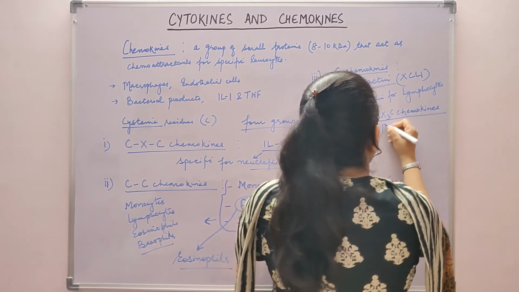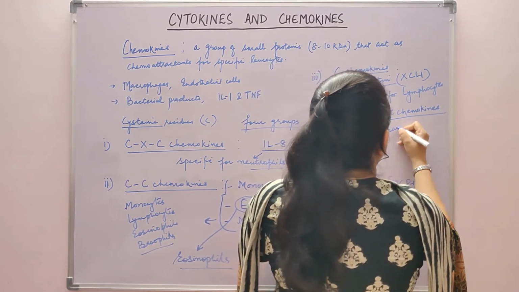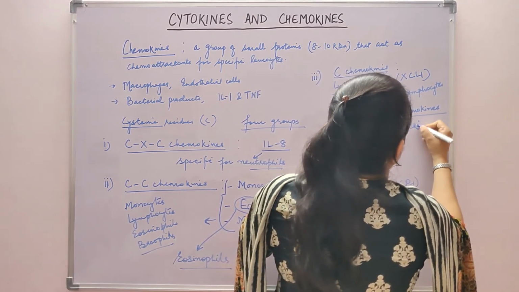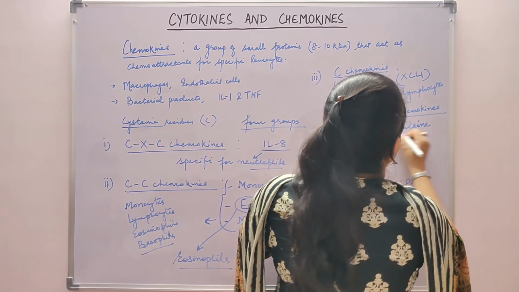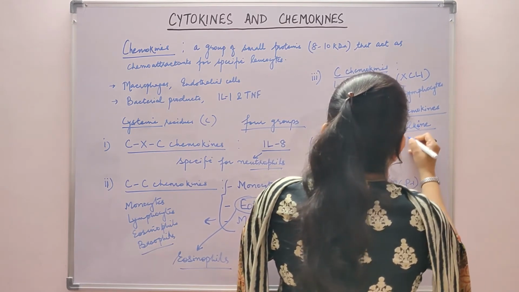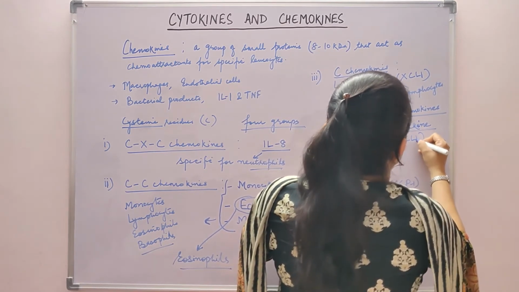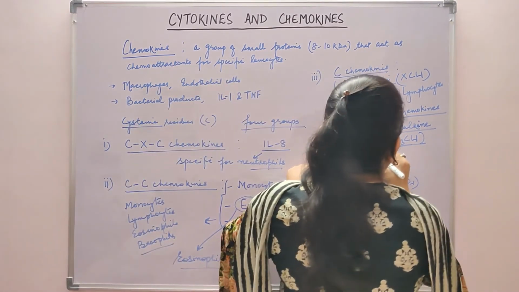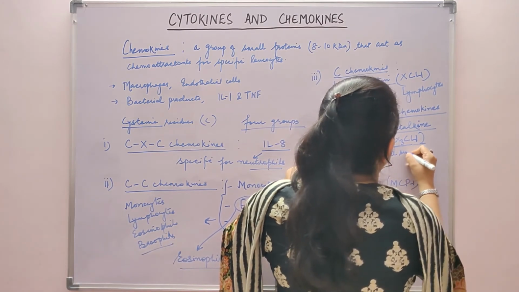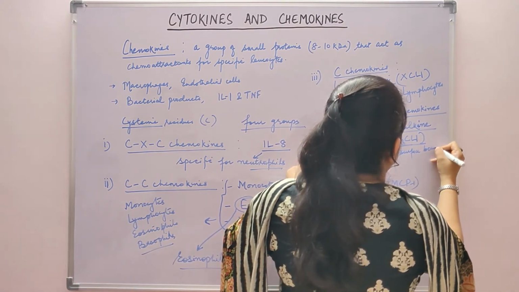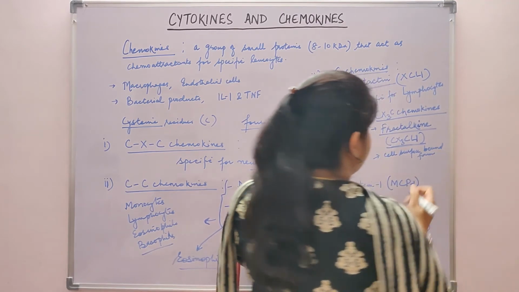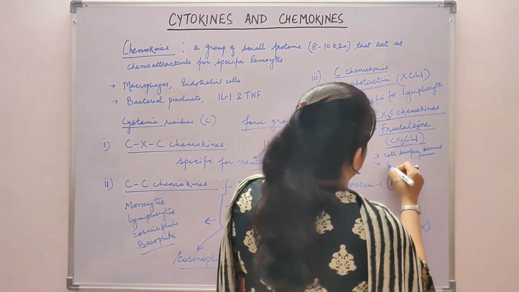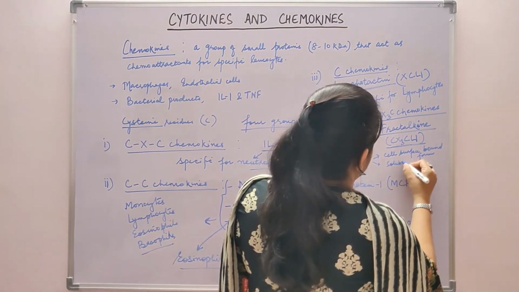In this, the chemokine is fractalkine, also called CX3CL1, and this is present in two forms: cell surface bound form, which is present on the surface of the endothelial cells, and soluble form when the protein is cleaved.